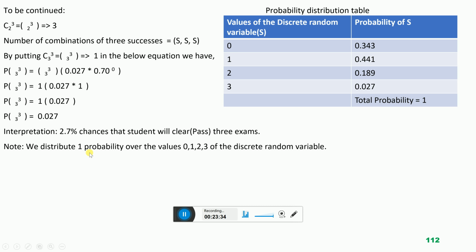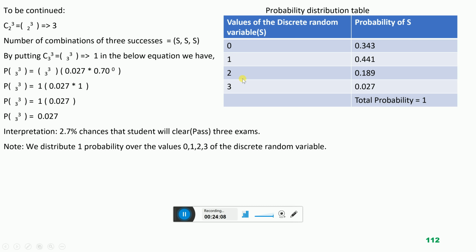We distribute one probability over the values 0, 1, 2, 3 of the discrete random variable. Now this is the probability distribution table. The discrete probability distribution function develops this table for conducting 3 exams, listing the values of the random variable success and the probabilities of those values.